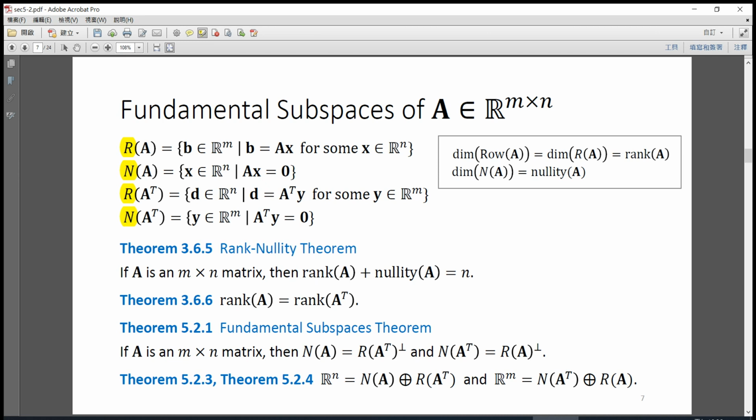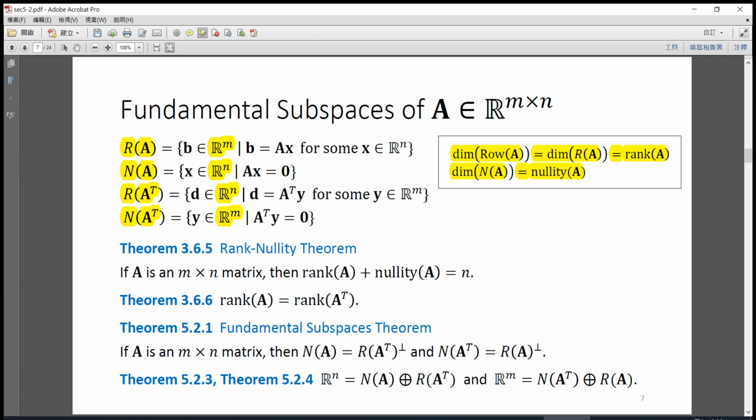We know that both the column space of A and the null space of A transpose are in Rm, while the null space of A and the column space of A transpose are both in Rn. And recall that rank A is the dimension of the row space of A, which also equals the dimension of the column space of A. And the nullity of A is the dimension of the null space of A.